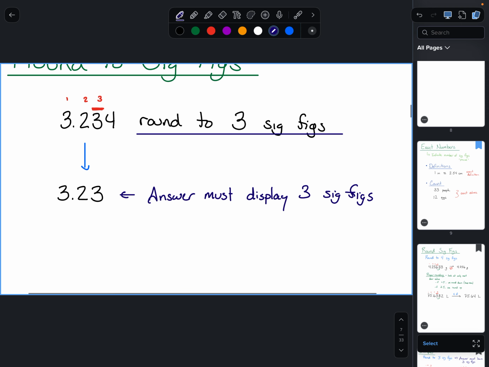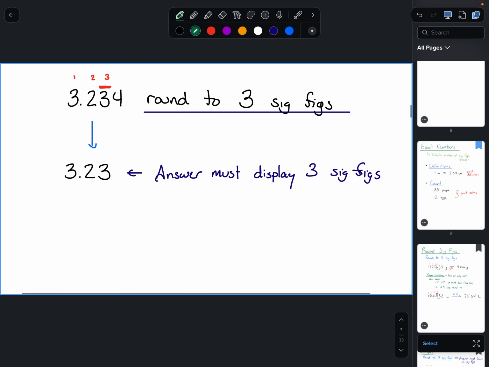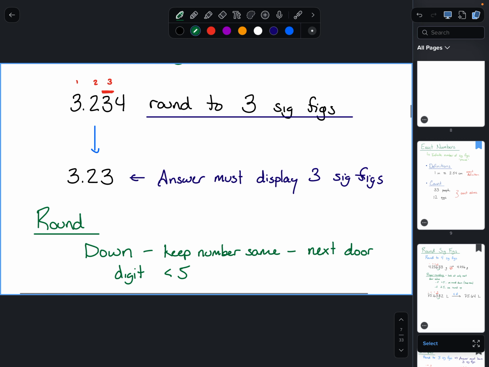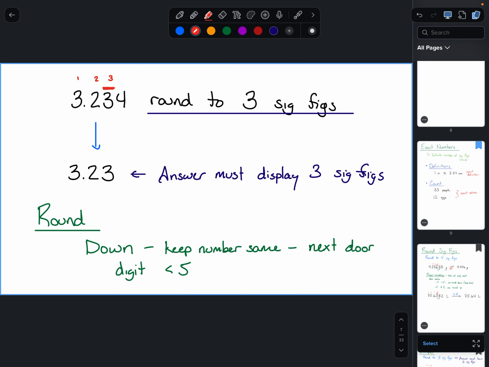Okay, so when we round, we've got 2 different situations here. We could either round down, which is a little bit of a misnomer because it means that we keep the number the same. That's if that next door digit is less than 5. So when I'm rounding a number, as in this case here, I look next door to that last sig fig, and I ask, is that greater than 5 or less than 5?